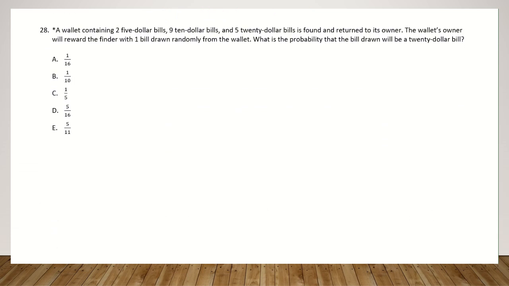Next one. A wallet containing 2 $5 bills, 9 $10 bills, and 5 $20 bills is found and returned to its owner. The wallet's owner will reward the finder with 1 bill drawn randomly from the wallet. What is the probability that the bill drawn will be a $20 bill? Here's your next one to try on your own. 1 minute. Go ahead.